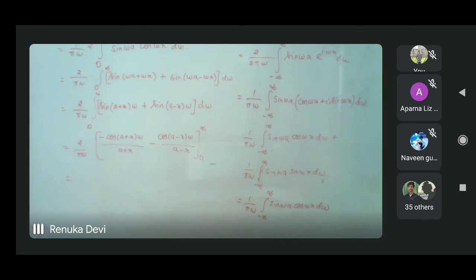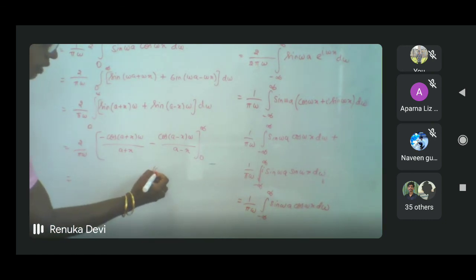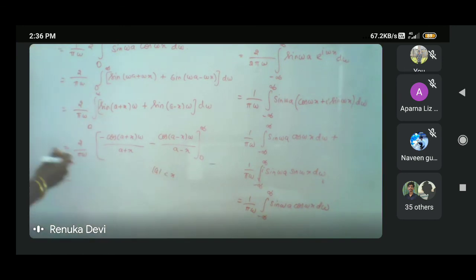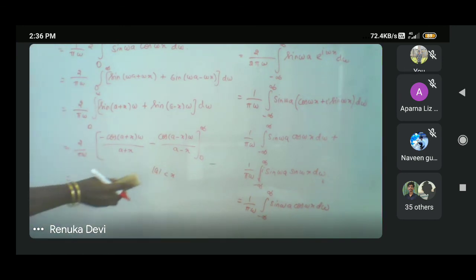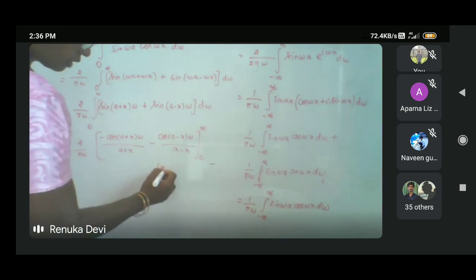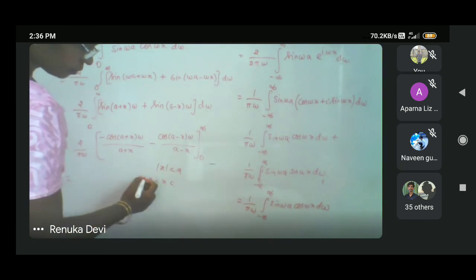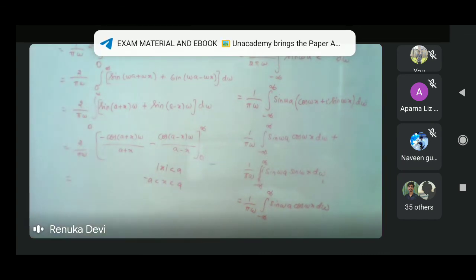Now we have to evaluate this. If modulus x is less than A, that is minus A less than x less than A, in that case what is A plus x?